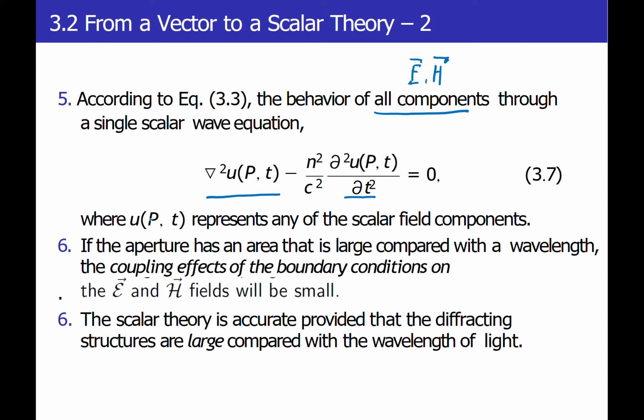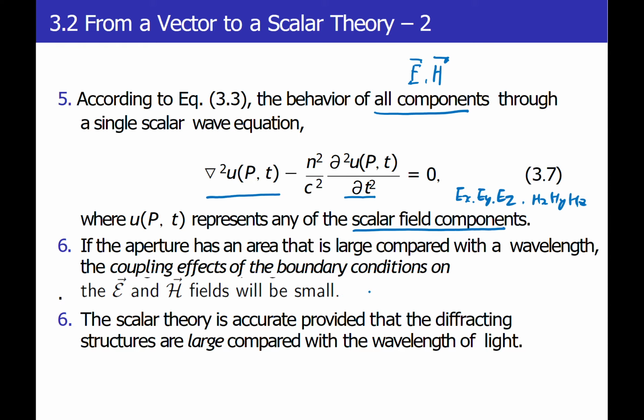Here, small u represents the scalar field component. It could be anything: Ex, Ey, Ez, or Hx, Hy, Hz. If the aperture has an area that is large compared with the wavelength, the coupling effects of the boundary conditions on the E and H fields will be very small, such that the boundary conditions are not coupled.